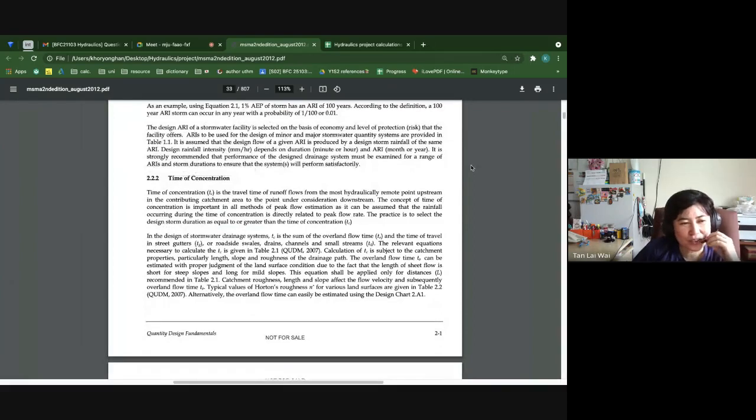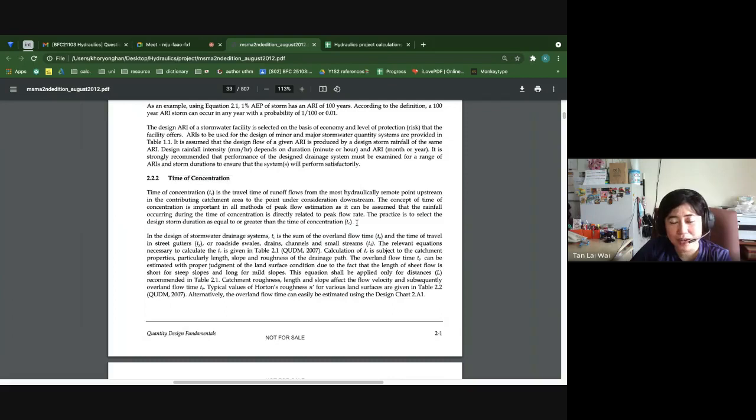It says time of concentration is the travel time of runoff flow from the most hydraulically remote point upstream in the contributing catchment area to the point under consideration. Now, reading from the first paragraph, last sentence: the practice is to select the design storm duration as equal to or greater than time of concentration.